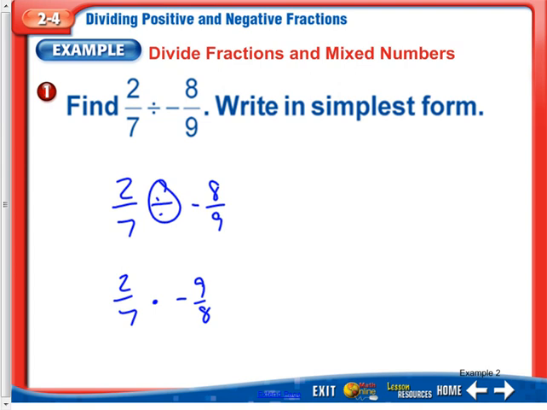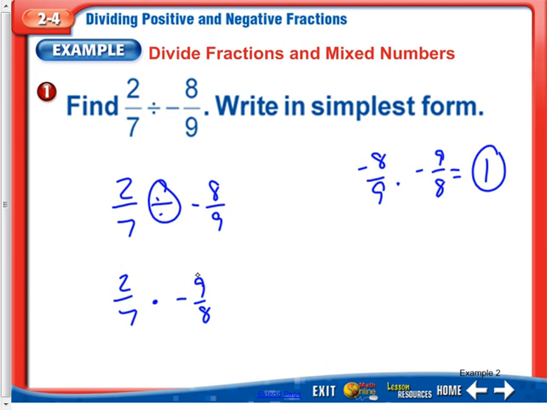The reason we can do this is that the reciprocal of negative 8/9, negative 9/8, multiplied together is equal to positive 1. So what we're doing is fine, because we're kind of multiplying by 1 and just getting into a different form.